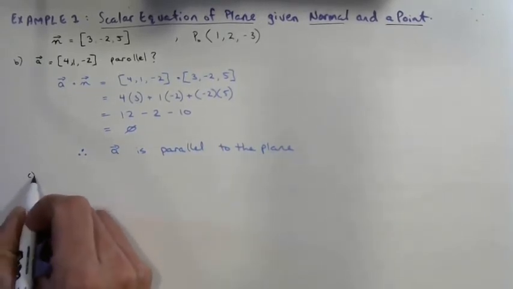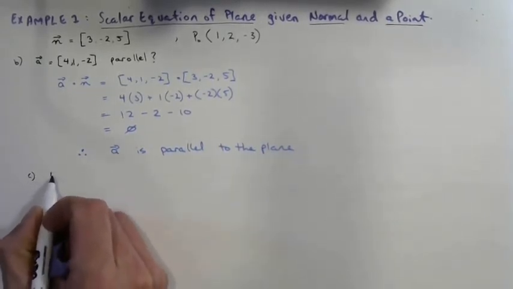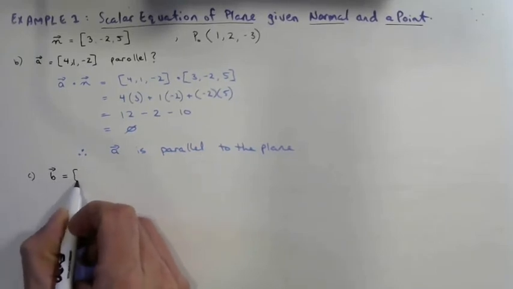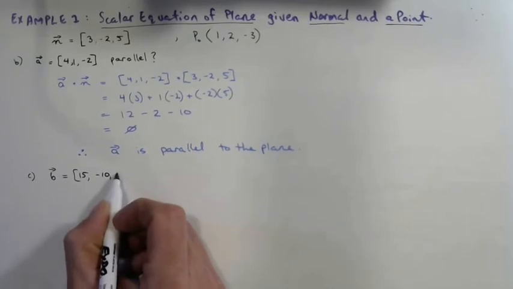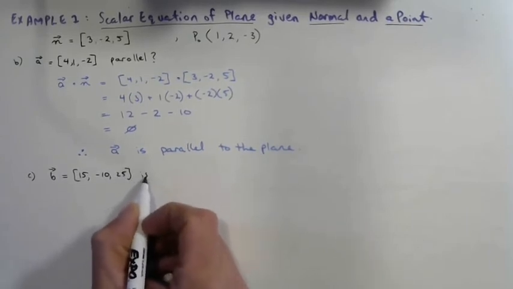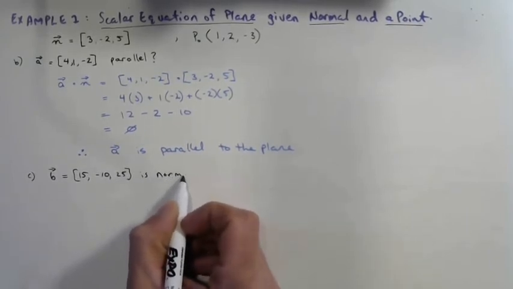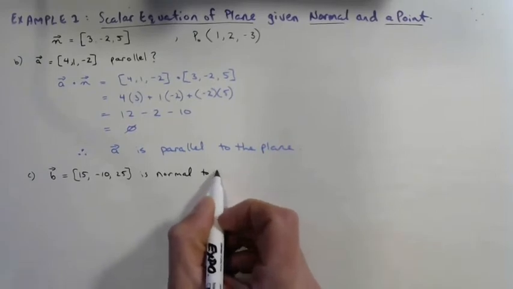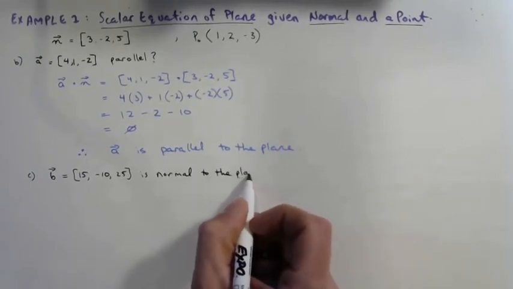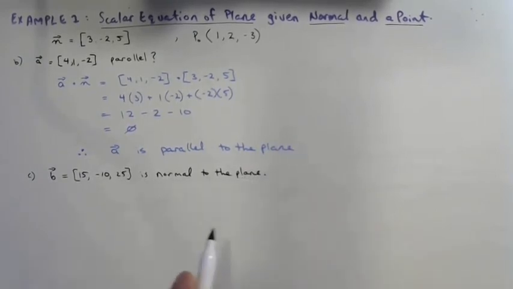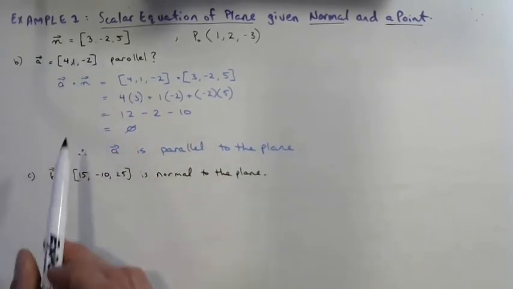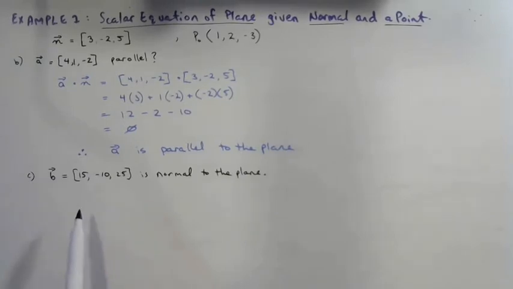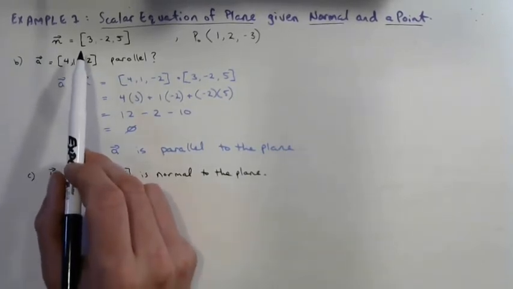In C, we're given vector B, and we need to determine if vector B, 15, negative 10, 25, is normal to the plane. Now we already have a vector that's normal to the plane. So if vector n is normal to the plane, in order for vector b to be normal to the plane, it needs to be parallel to vector n.